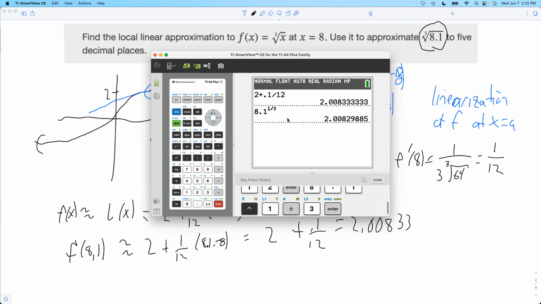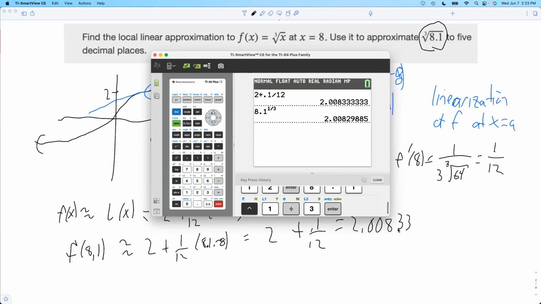Now, I'm going to give you a little bit of background here. Your calculator is not actually calculating the cube root. That decimal goes on forever. This is an irrational number. Your calculator is using a similar process to what we just did, only it's not just doing a linear approximation.